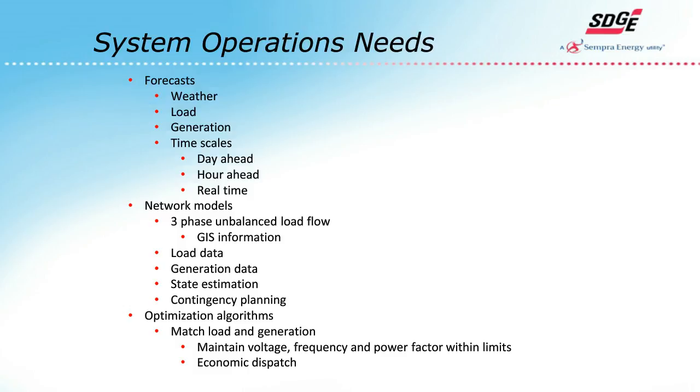Now we're moving into quasi time series or dynamic time series analysis on an 8760 load profile basis, and we're pushing the vendors with regards to software to actually keep up and provide information. And then as we think forward, looking at optimization algorithms, not really just dispatching load and generation, but how do we actually optimize that while maintaining voltage, frequency, and power factor within appropriate limits, and how can we do that economically?